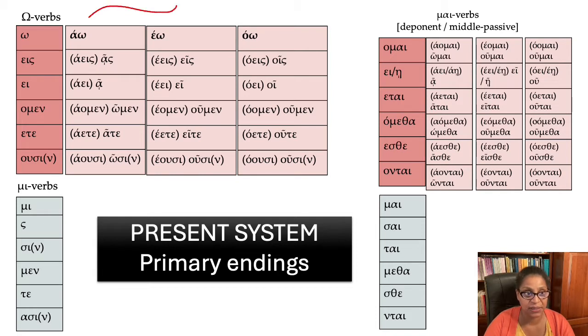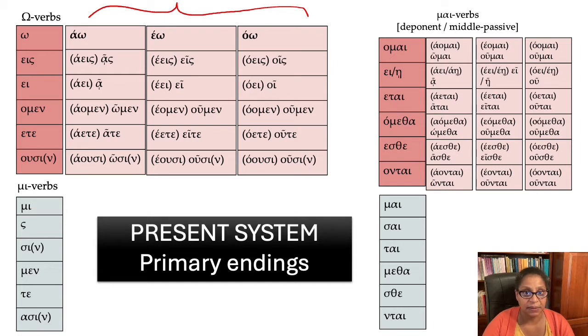So these ones are really omega verbs, only that the endings look different from o, eis, ei, omen, ete, ousi in the contracted form, because they are contracting all of these vowels. In the uncontracted form, they're perfectly fine. They have the same endings.